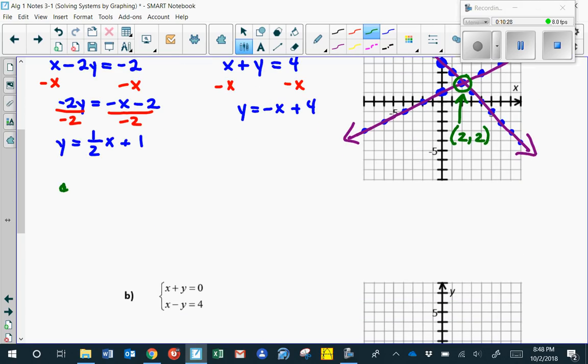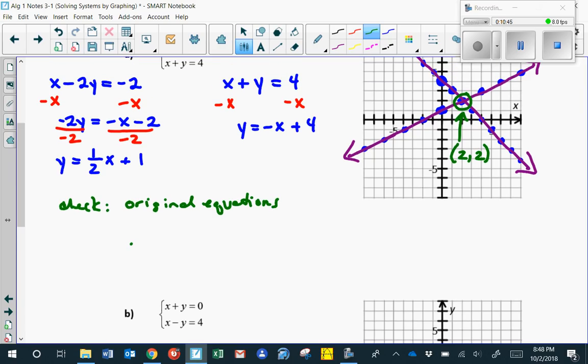And let's do a check. We always want to check in the original equations, not the equations that we've solved for y, since we might have made a mistake in solving them for y.